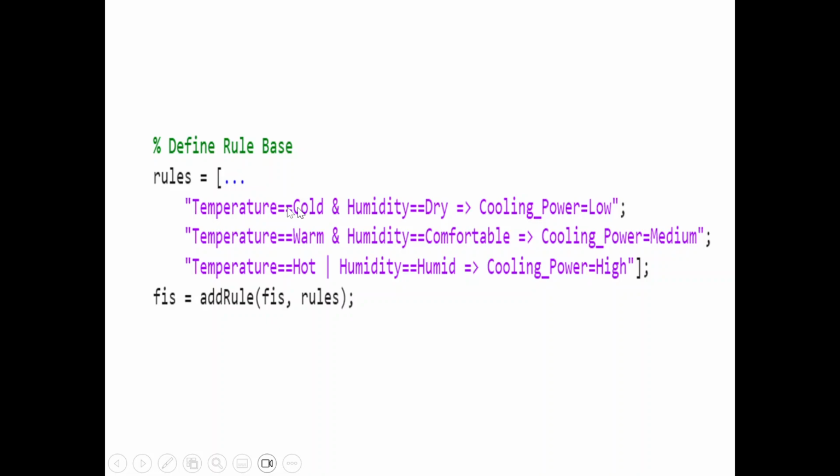You open a bracket, and you close with a bracket, and you terminate with a semicolon. Then the fuzzy inference system, and the rules that you have written, you write it here. What makes the fuzzy inference system recognize that it's adding a rule is this command. And don't forget the lowercase add.